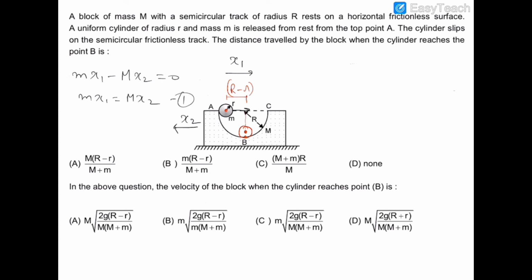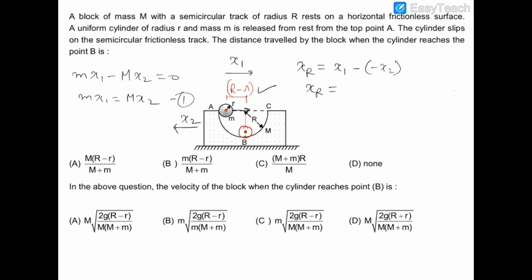As well as we can say that the relative displacement of the ball with respect to the track is R minus r, because the ball is displaced by a distance of R minus r in the x-axis. So the relative displacement of the ball is x1 minus of minus x2, because x2 is in the reverse direction.